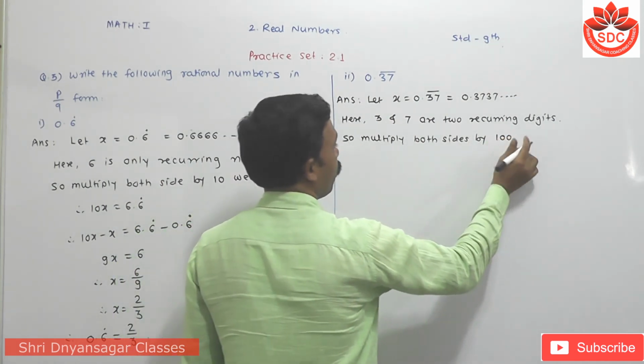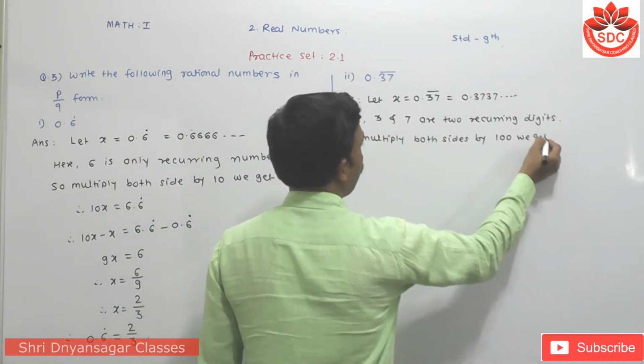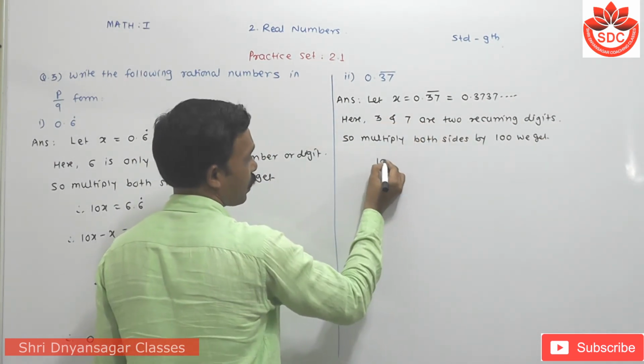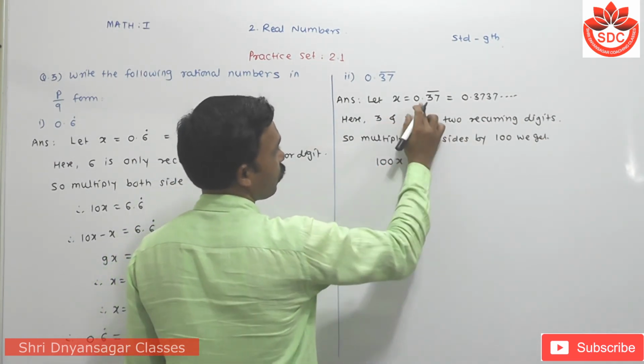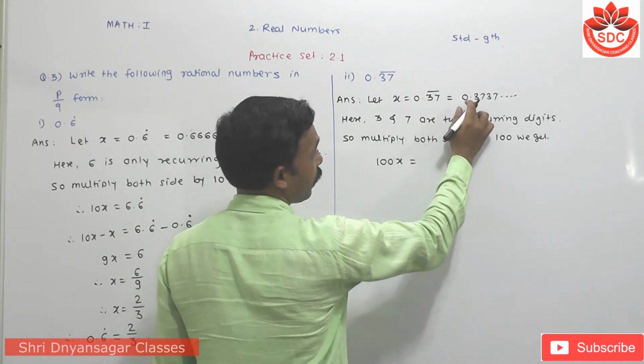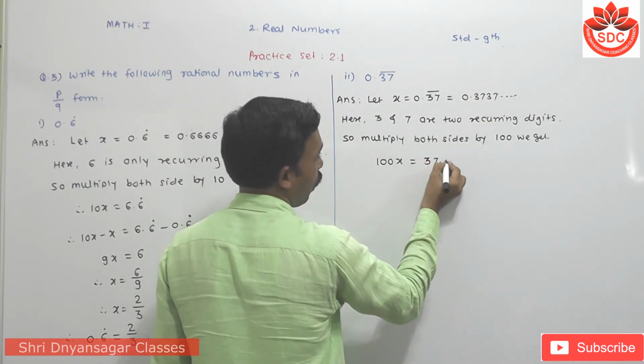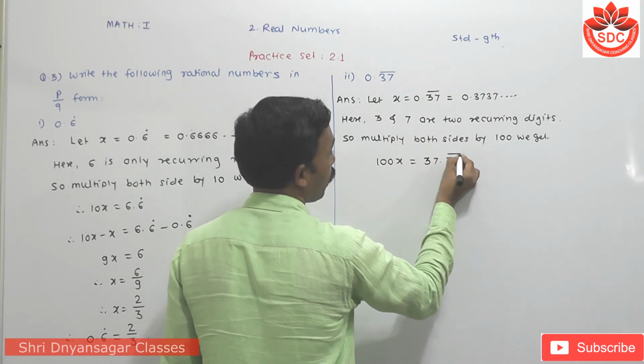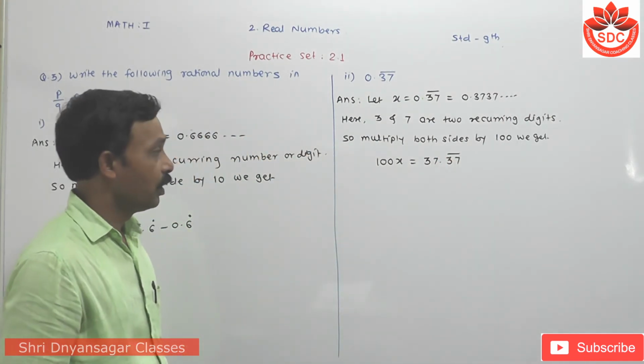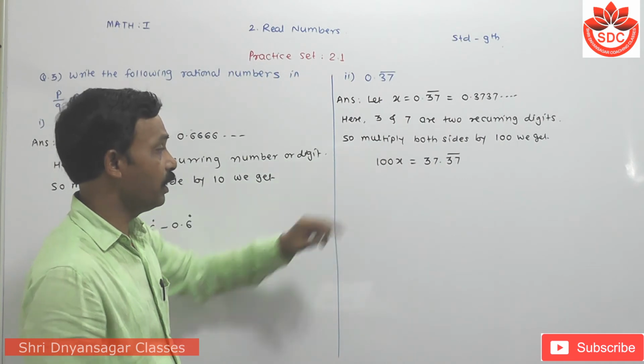When we multiply by 100, we get 100x is equal to 37.37 recurring, because the decimal point moves after 2 digits. Then subtract this x from this 100x.